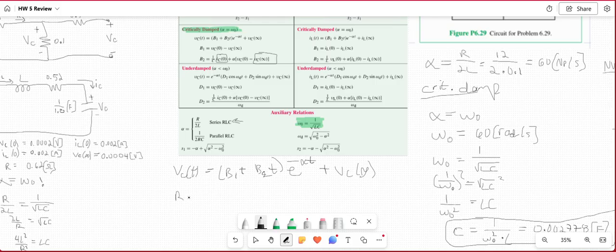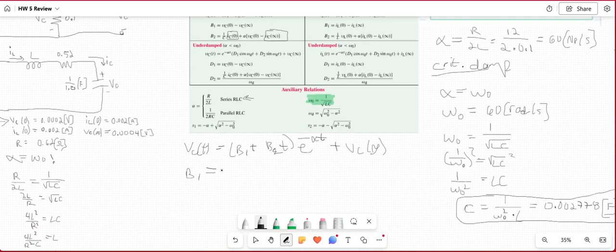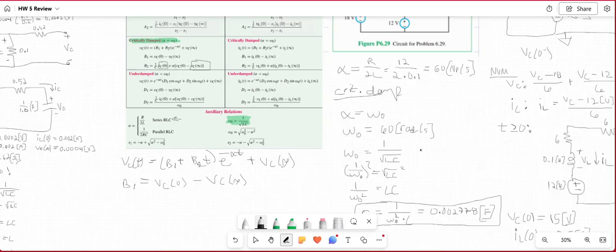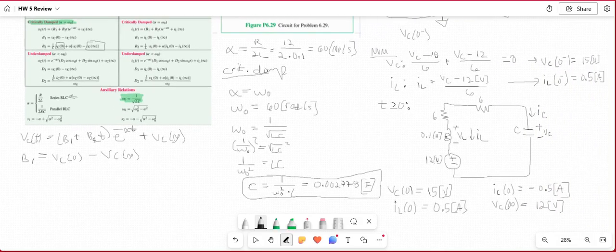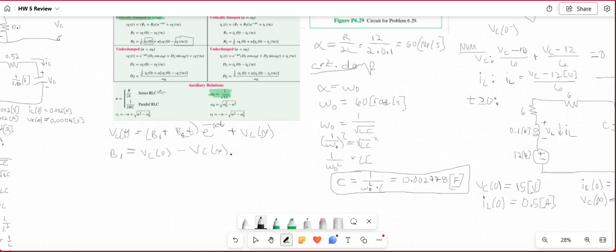So B1 equals VC of 0 minus VC of infinity. We come back over here to see what our VC of 0 was. VC of 0, we got 15 volts here, and VC of infinity, we got 12 volts. So we're going to do 15 minus 12, so B1 equals 3 volts.